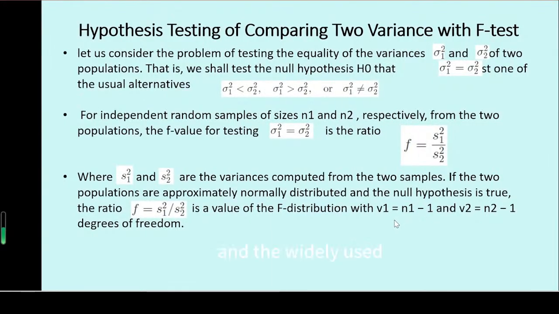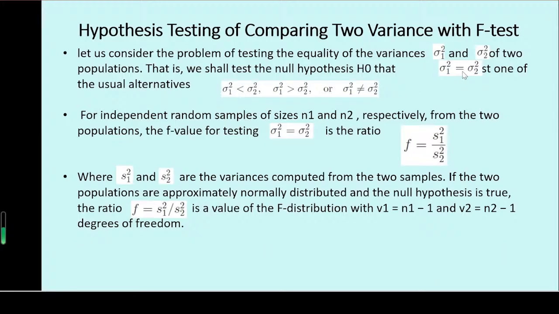And the widely used test for the F distribution is the F-test. The typical example for the F-test is hypothesis testing comparing two variances. So consider the problem of testing the equality of two variances, sigma 1 square and sigma 2 square, of two populations.